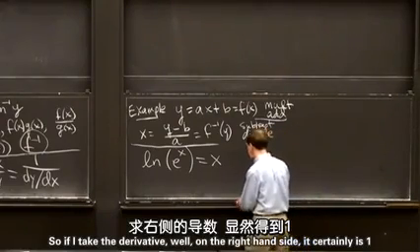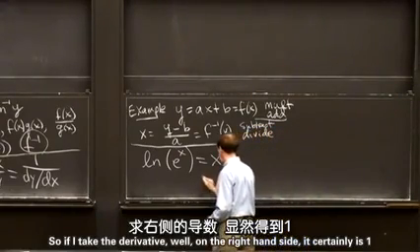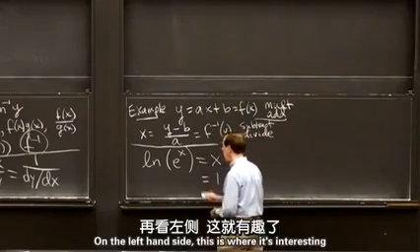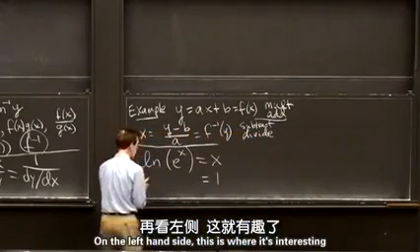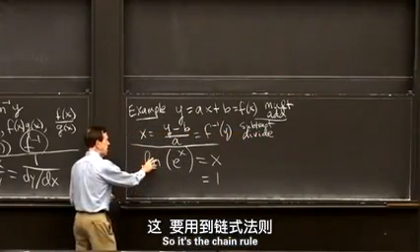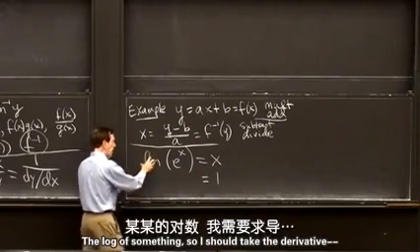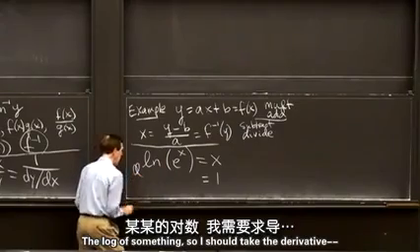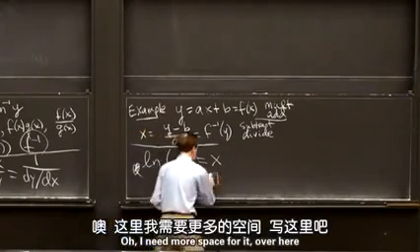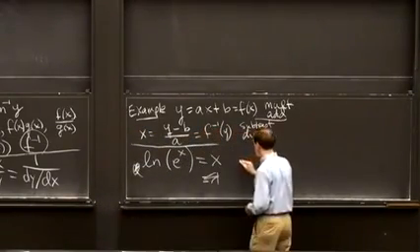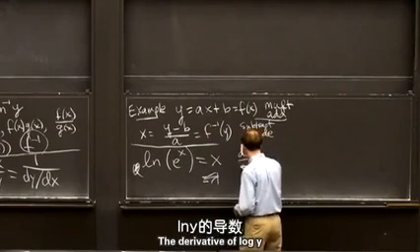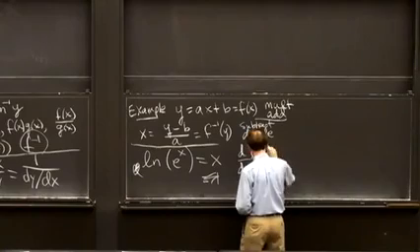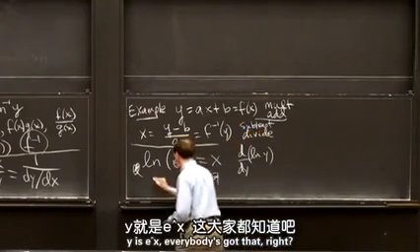So if I take the derivative, well, on the right-hand side, I certainly get 1. On the left-hand side, this is where it's interesting. So it's the chain rule. The log of something, so I should take the derivative of log y. Y is e to the x.